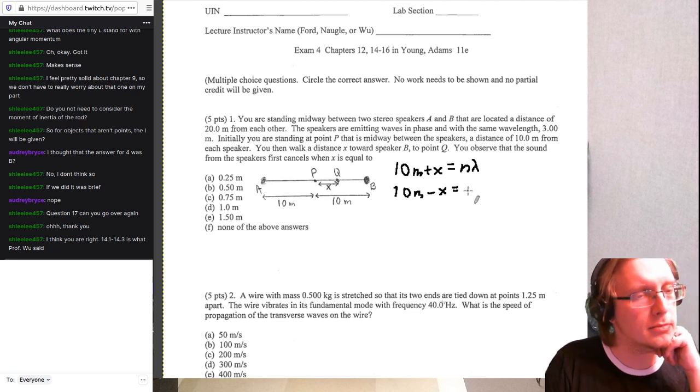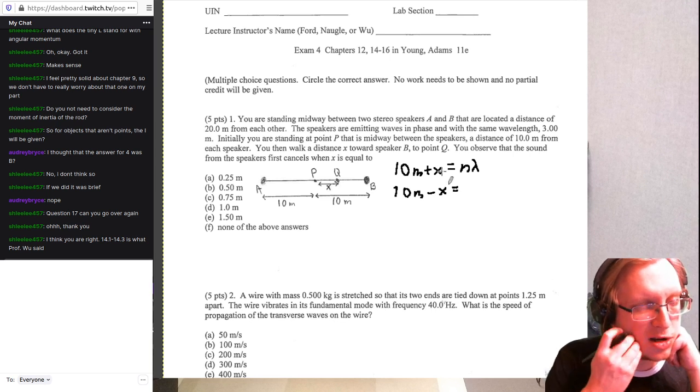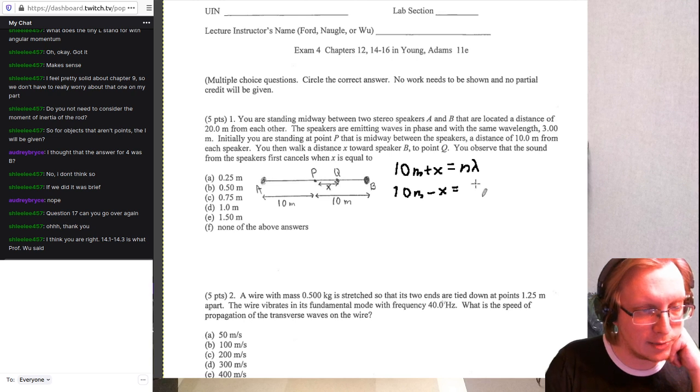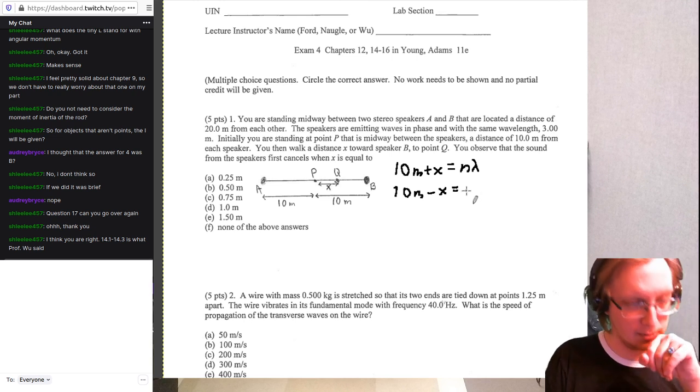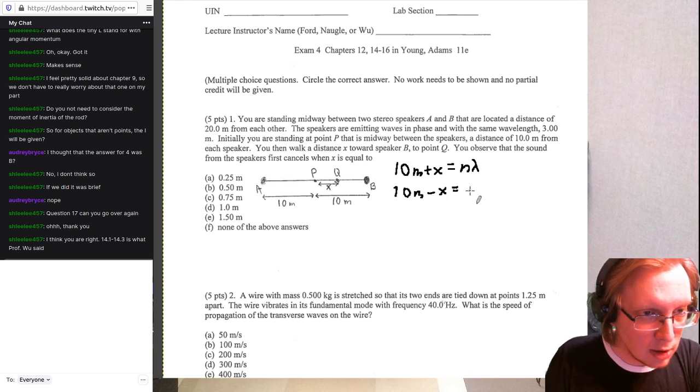Gotta be careful here, because we need to make sure that we don't cancel lambda, or we're gonna be in a world of hurt. This is rather quite unhelpful.